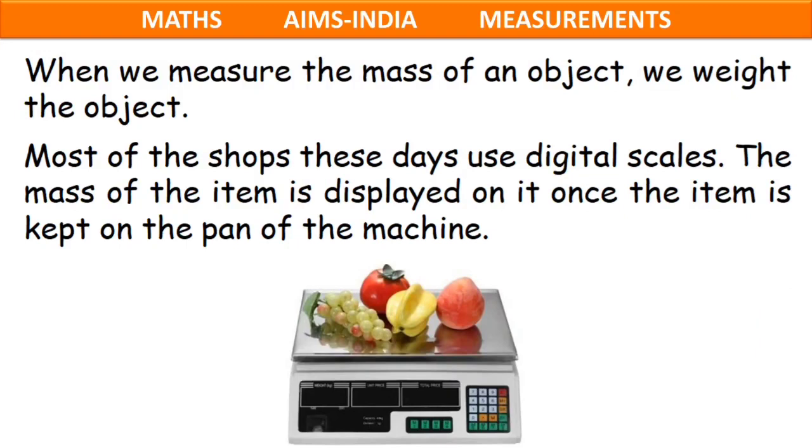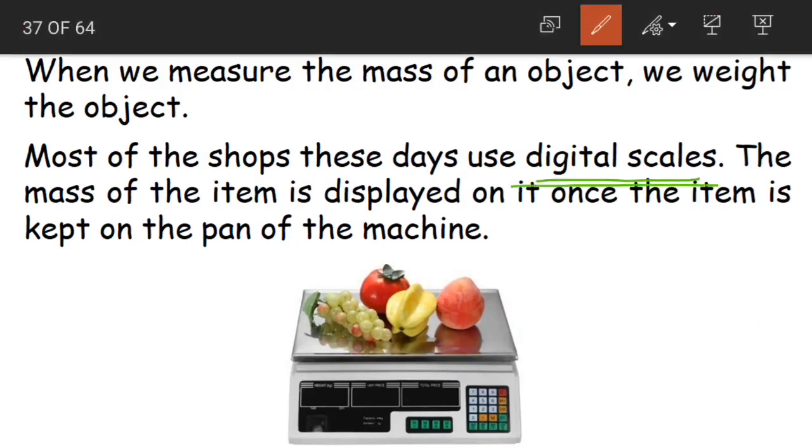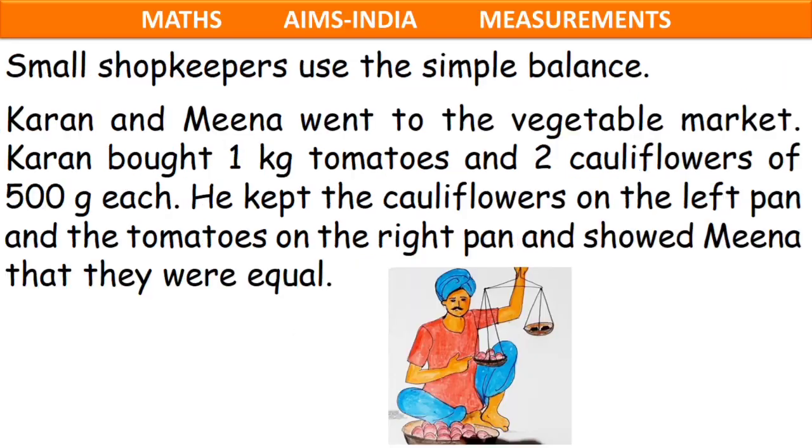We have to keep on adjusting the weight. But using digital scales, the measuring becomes easy. We simply have to place the objects on the scale and the weight will be displayed on the screen. The small shopkeepers use the simple balance.